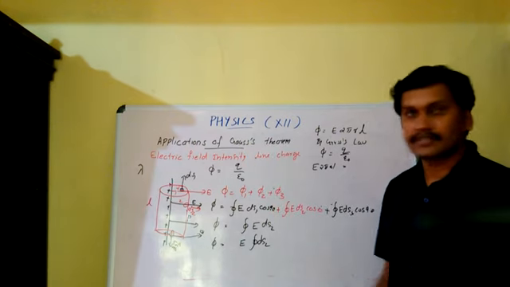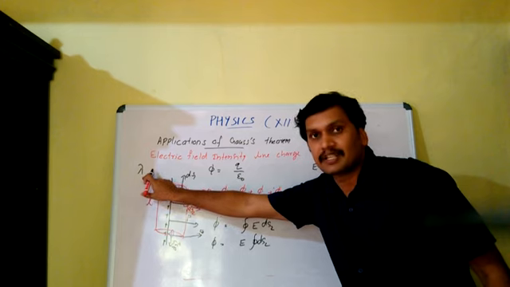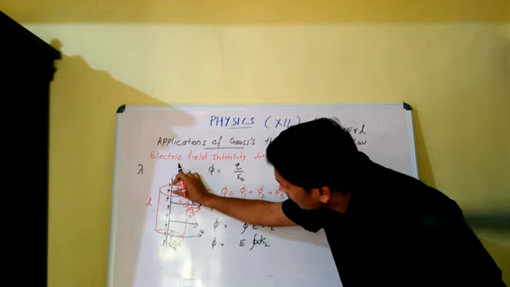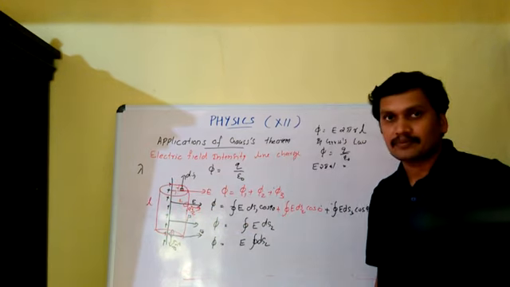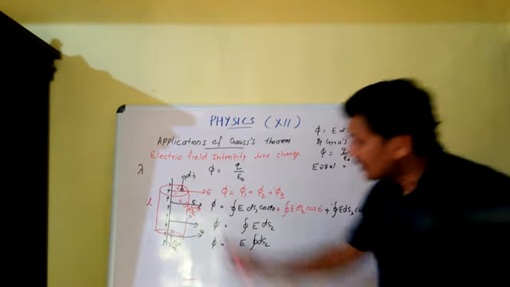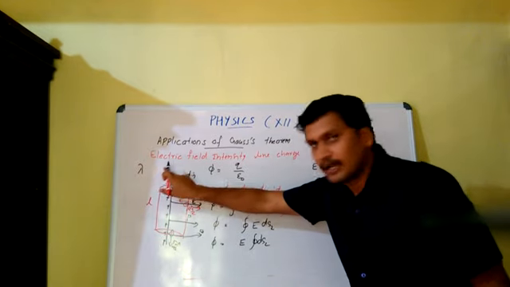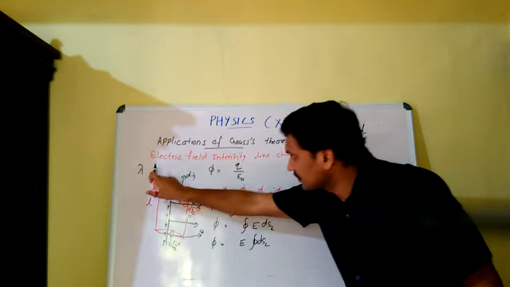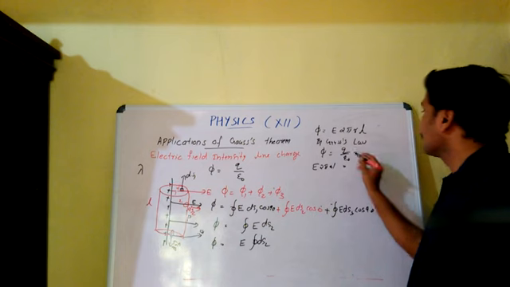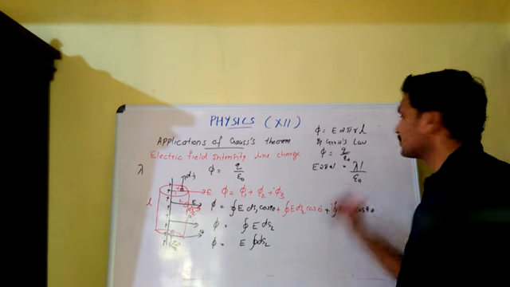We don't know Q directly, but we have the linear charge density, the charge on unit length of the conductor. We have a length L for the Gaussian surface, so the charge inside the Gaussian surface is charge density into length, lambda into L. So Q is equal to lambda into L.